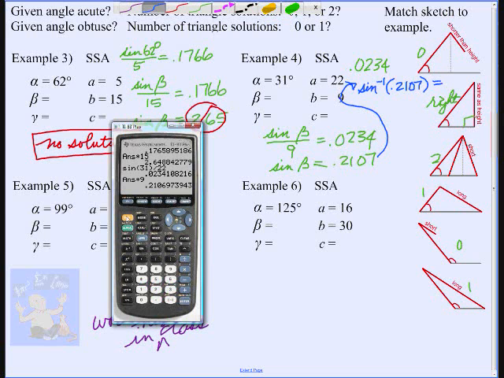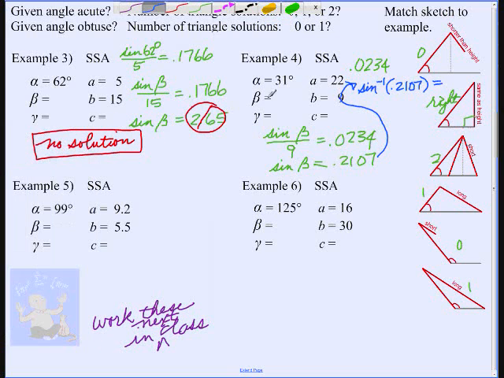Second function sine, arc sine I mean, of 0.210697. Okay, it says that beta is 12.16. Let's call it 12.2 degrees.